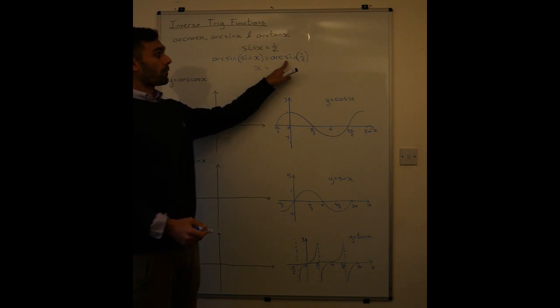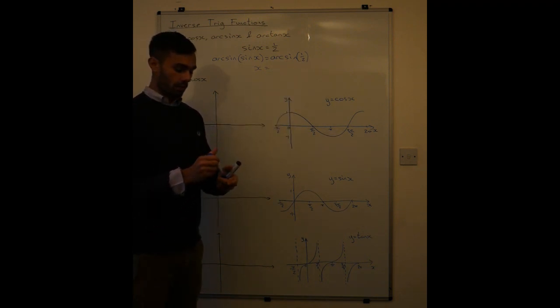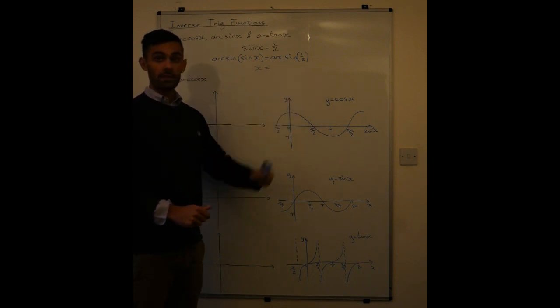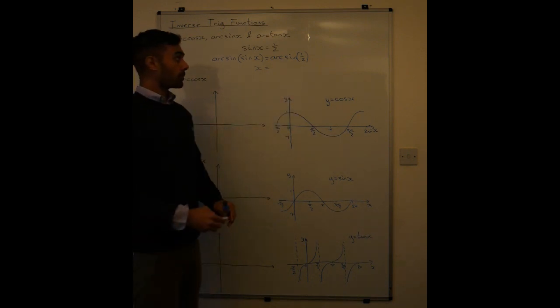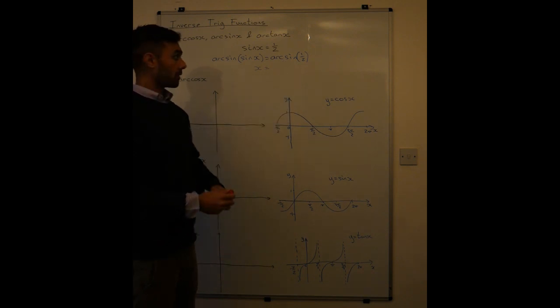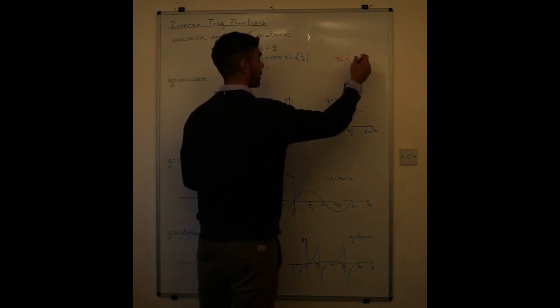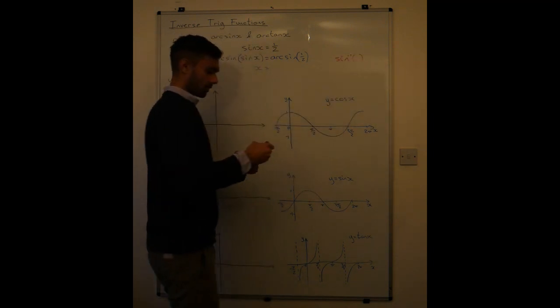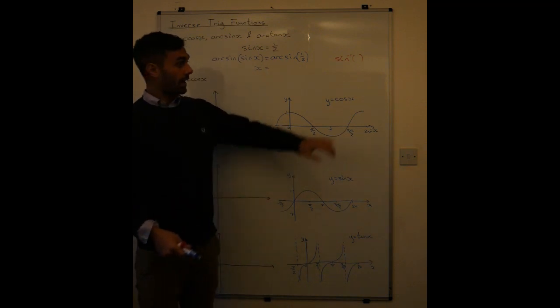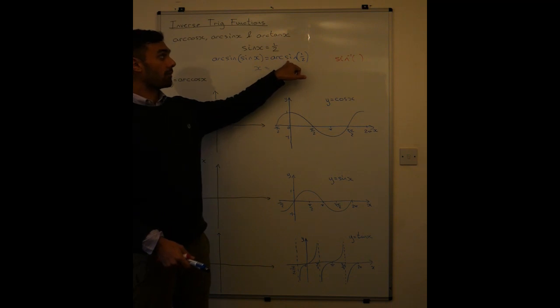On the right, we've got arcsin of a half, and you put that into your calculator and you get your answer. Well, some of you will know this anyway. But just to be clear, your calculator probably doesn't have the function labelled as arcsin. It probably has it labelled as sine minus 1. But on the calculator, where you see sine minus 1, it actually means the inverse of sine.